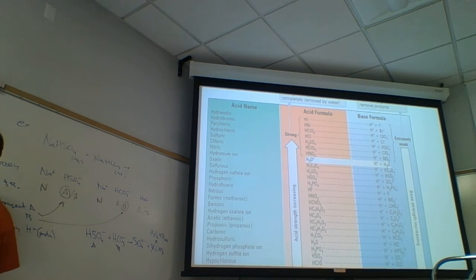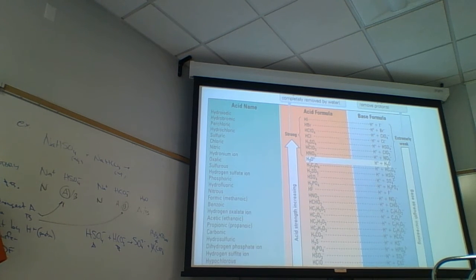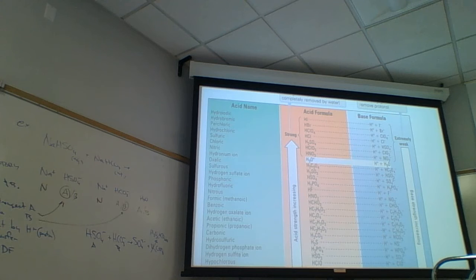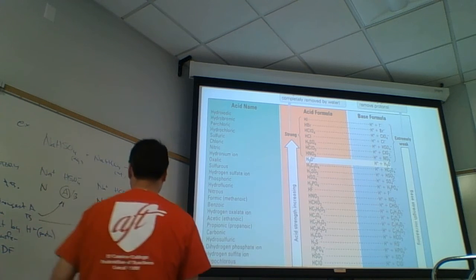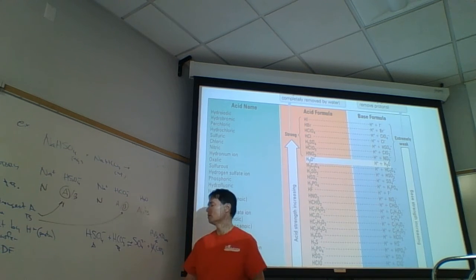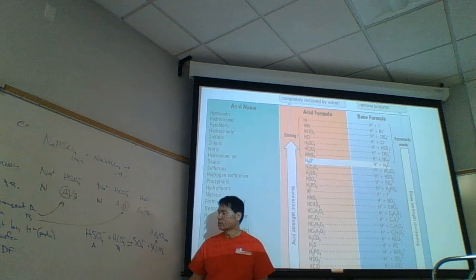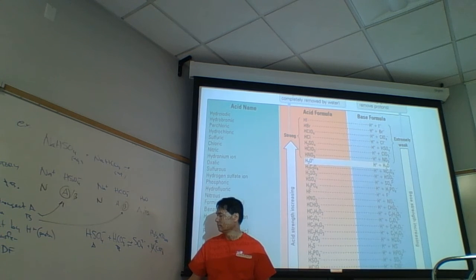Step 5 is determine driving force. So in order to determine driving force, we have to figure out which way is downhill. In other words, we have to reverse this reaction and determine if we go backwards, who's the acid, who's the base.